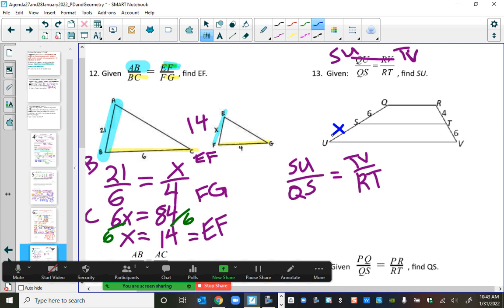But we're just going to follow what we see. So SU is an X. Do we know what QS is? What's QS? 6, equals, what's TV? TV is also 6, over RT, which is 4. All right, do we have enough information to get our X? Yup. Take care of that one.